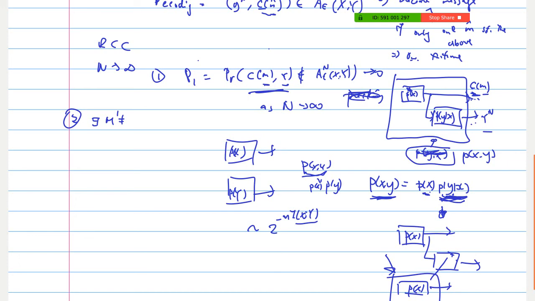So be very careful: jointly typical is not equal to being correlated. Although sometimes it seems like when they are jointly typical they are correlated, it's not. Look at the fine print in the definition.